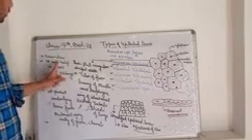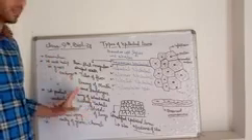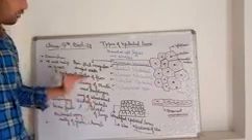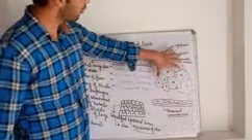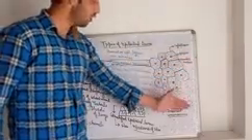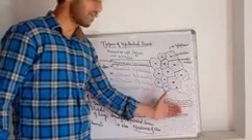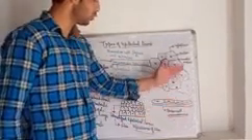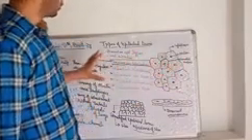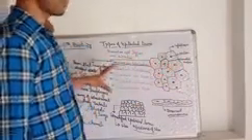And second, it will help in the exchange of gases, if it's making the lining of the alveoli. Got it? This is the surface view of this squamous epithelial tissue. So this is the type of squamous epithelial tissue.